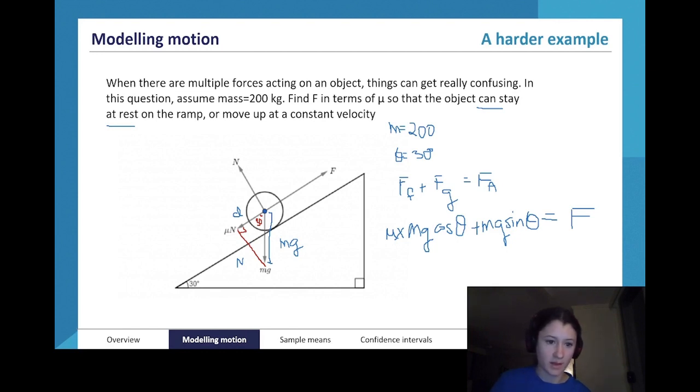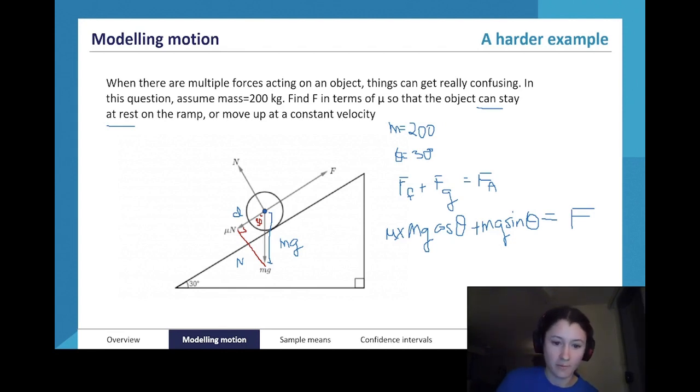Now this gives us our F in terms of mu. We can sub in our theta value. So of course, theta is 30 and M is 200 and G is 9.8.